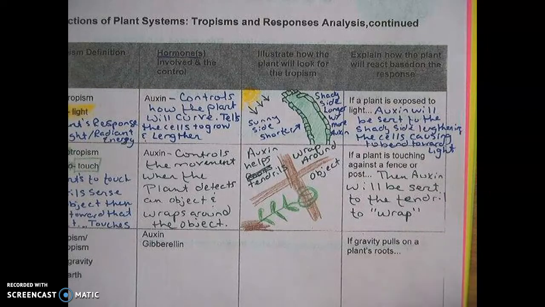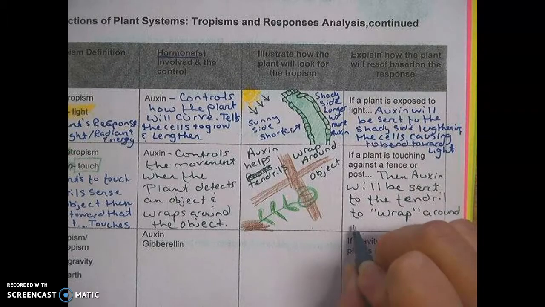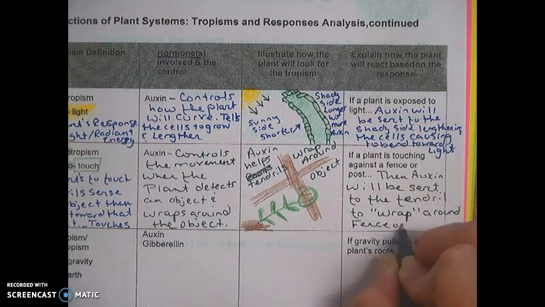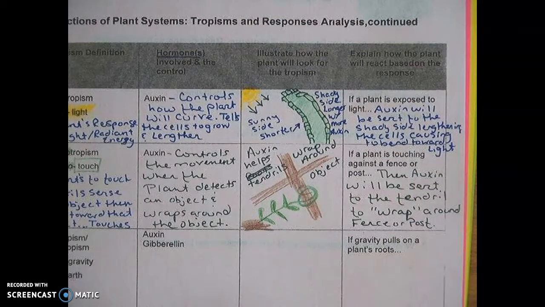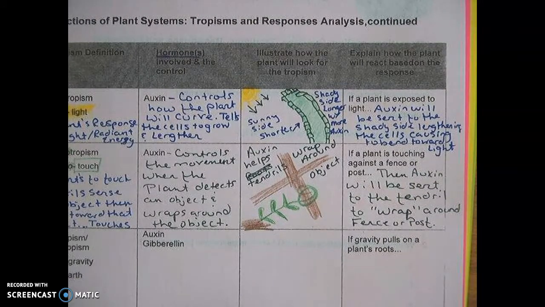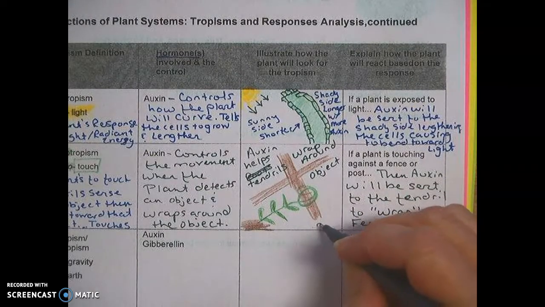Remember, it's causing that bending to happen, and it's a really big bend to wrap around the fence or post. So if you live in an area where there are vines, you could go out and see how it is wrapping around. Is it using tendrils, which are just little filament looking things off of a plant?